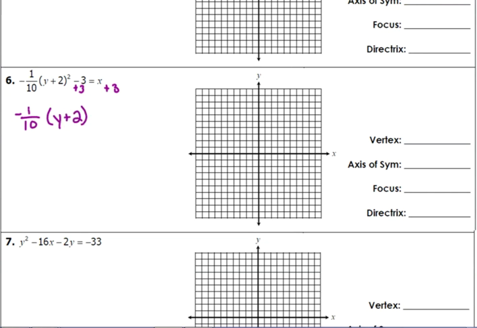So we will add that 3 to the other side. And then we're going to multiply. We've got that fraction, negative 1/10. So to move that over, we multiply both sides by negative 10. So our standard form here is (y plus 2) squared is equal to negative 10 times (x plus 3).